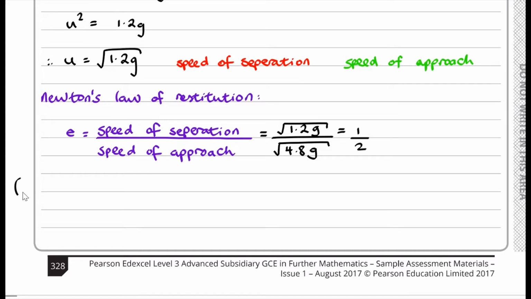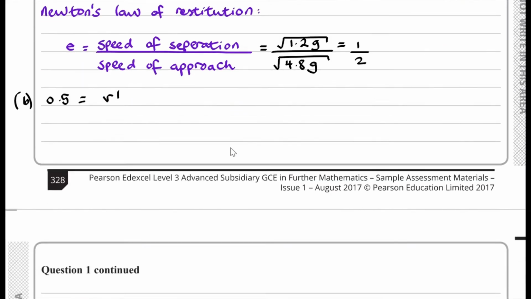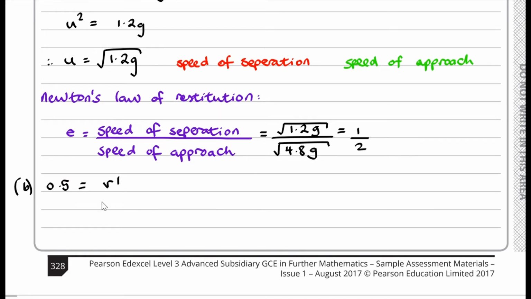So we have 0.5 equals v dash, that's the new speed of separation which we are required to find, using this formula here, and then obviously we divide this by the square root of 1.2g. If we rearrange for v dash, you'd find v dash equals 0.5 times the square root of 1.2g.